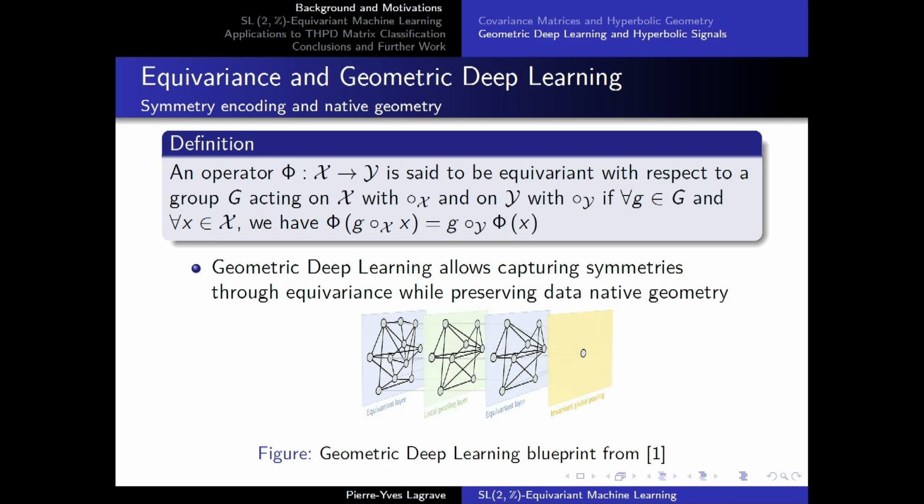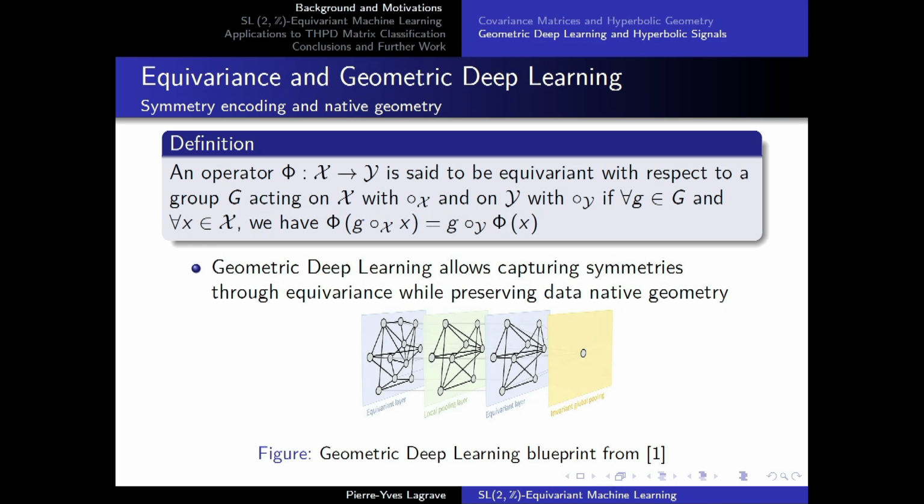Very roughly, equivariance means that your operator and the group action commute. So when you take the operator phi of a transformed input, it is the same as transforming the output, modulo some kind of representation theory.